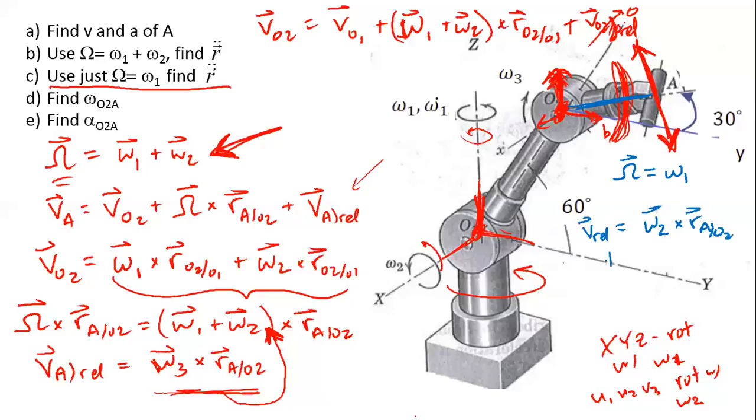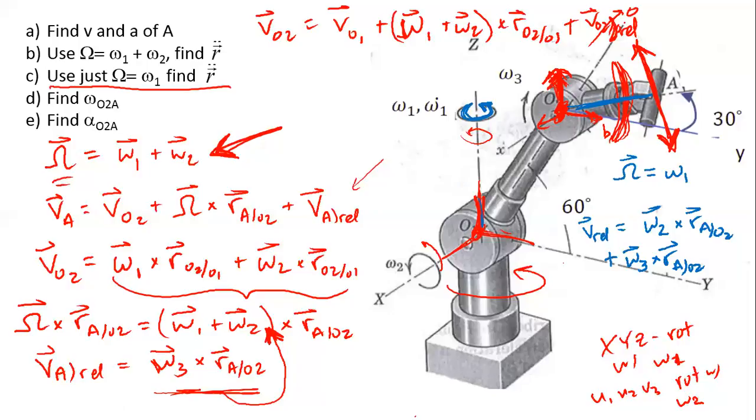And then it's also going to be plus the omega 3 cross R of A with respect to O2. Okay, those two are both going to go in because I didn't see them, right, if I'm only rotating with this omega 1. Right, so if I'm only rotating around that axis, then I have to include the other two in there as well.